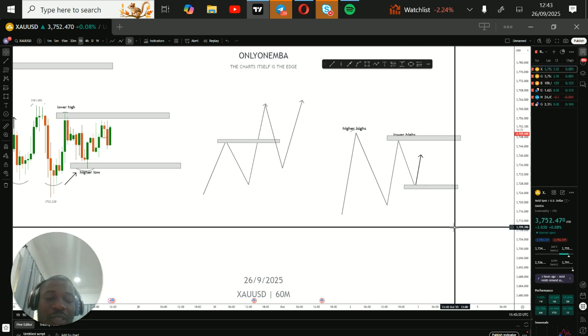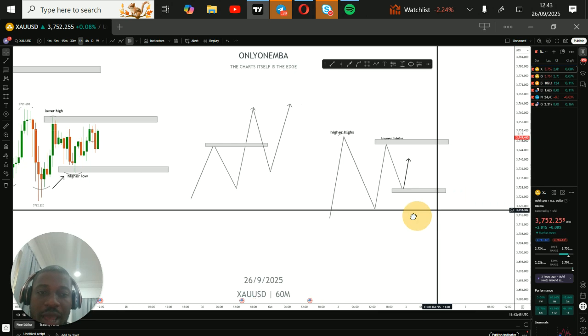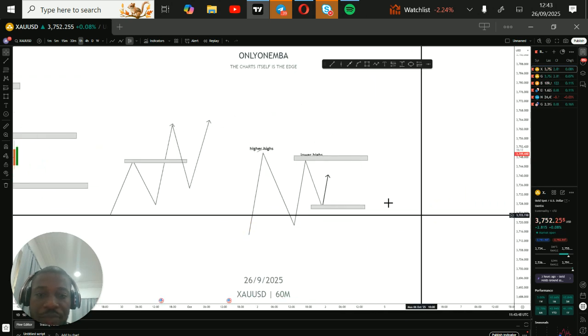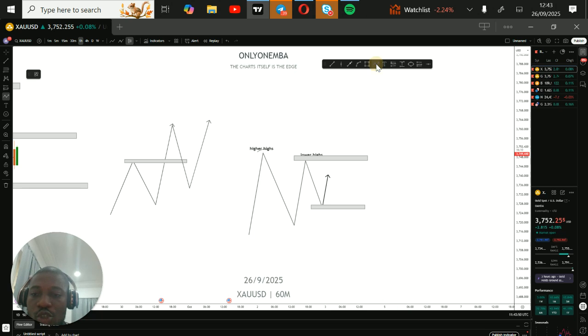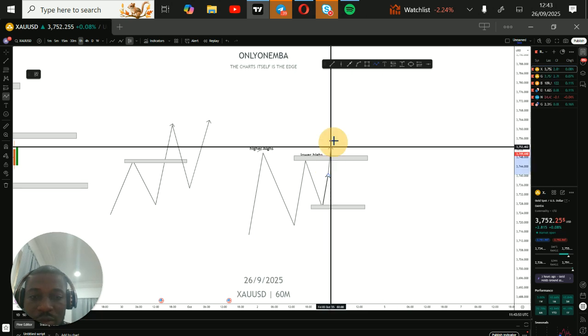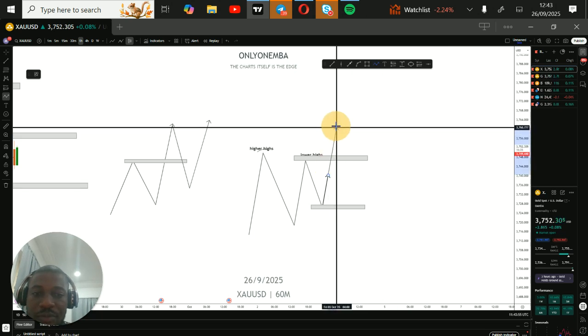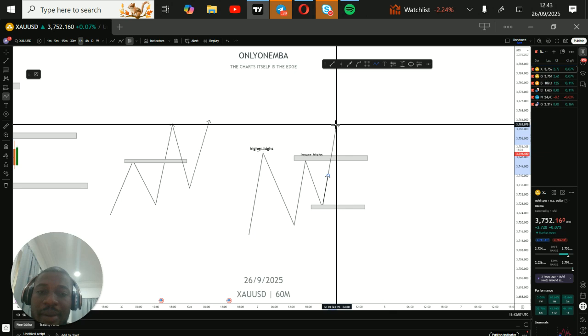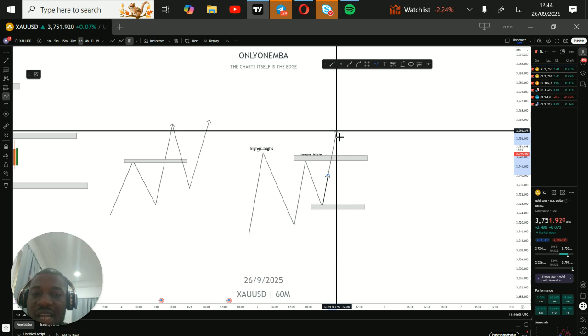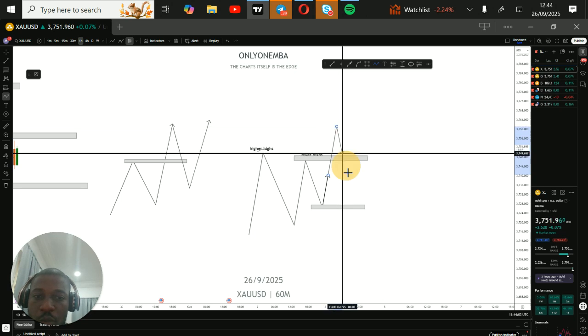You need to wait for the market to show you that direction, that indication that it is ready to buy or ready to sell. So now, what are you expecting? You don't know. Either the market takes out this high like this, and now we have buyers, the market is in a bullish trend. Then we will still sit down and wait for a pullback.